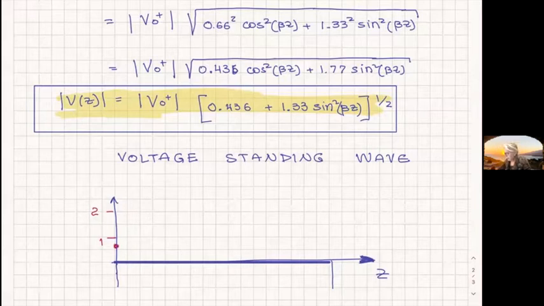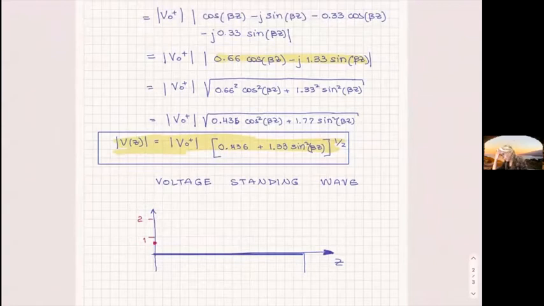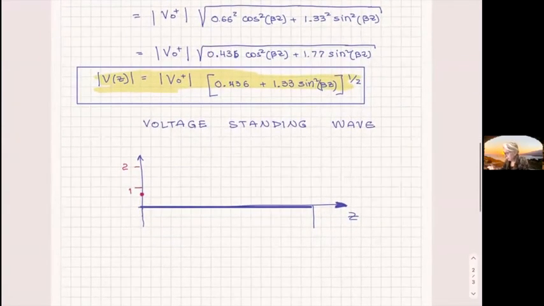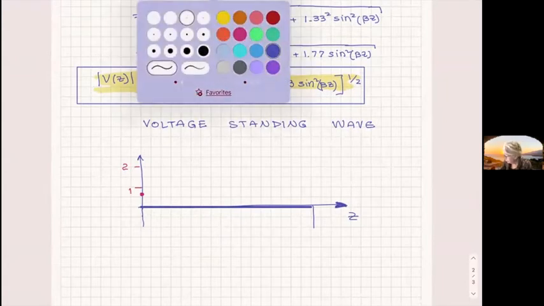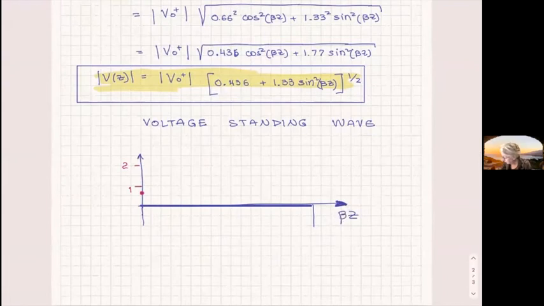Okay, then when beta z, so how much is the total beta z? We said beta d. I'm going to put here beta z, where beta z at z equals 0 is 0, obviously.